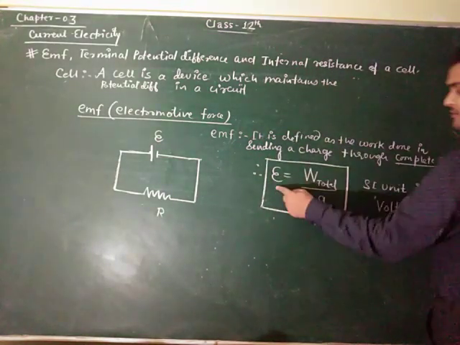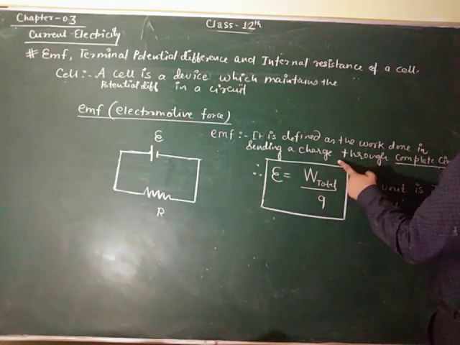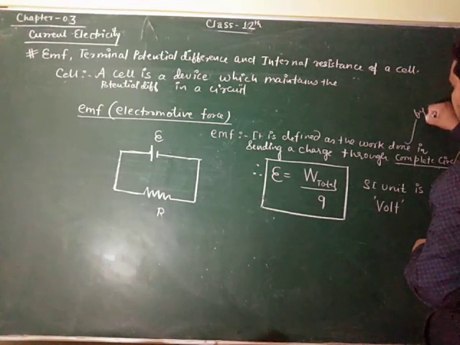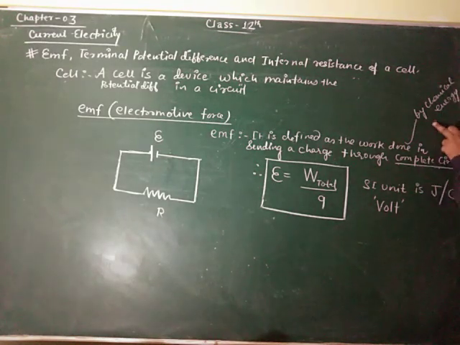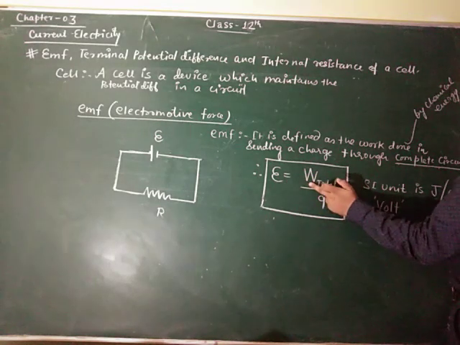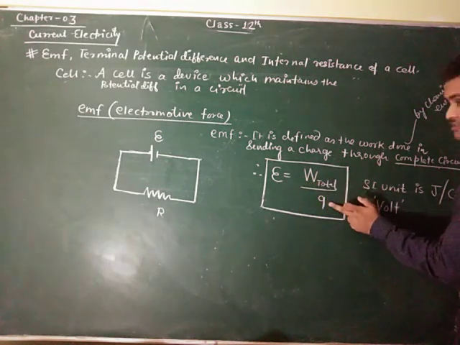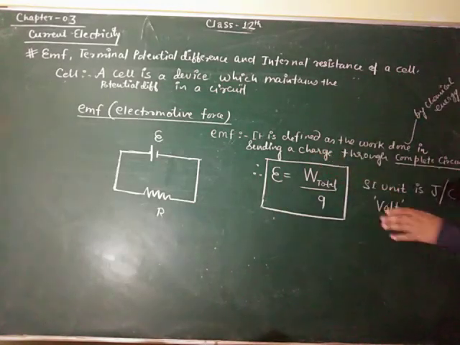So EMF is defined as the work done in sending a charge, and this work is done by the chemical energy. Therefore EMF is equal to work done by charge. Now, in other words, there are two types of definitions.